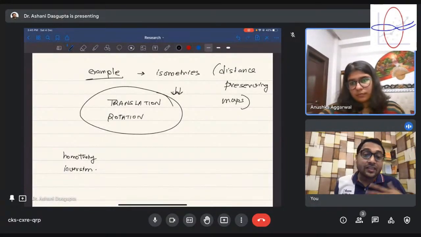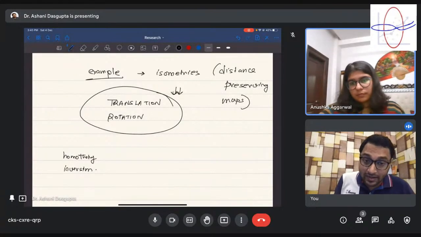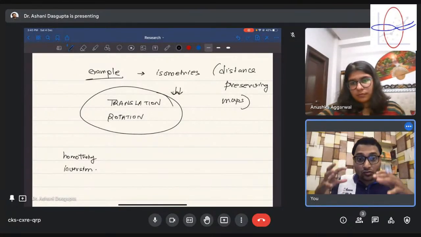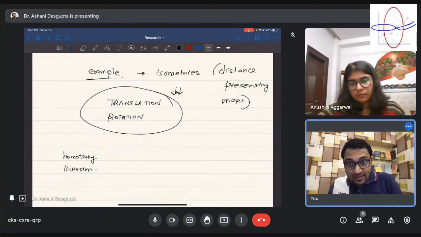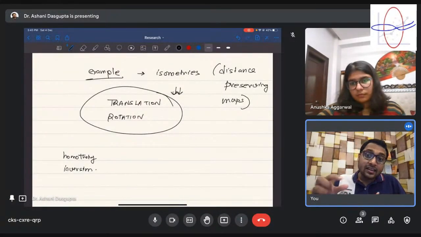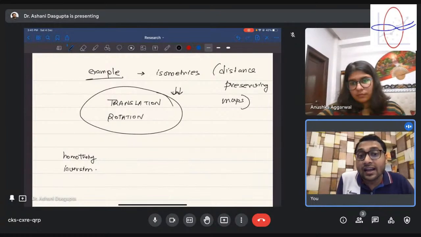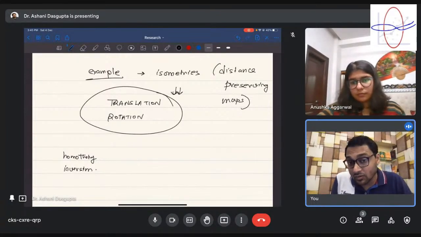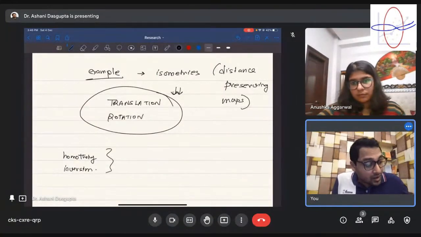So that is heavily studied in other parts of mathematics. That is, you change the underlying set and you change the underlying metric, and homothety and inversion are isometries of that particular set and with that particular metric. So these are called hyperbolic isometry.